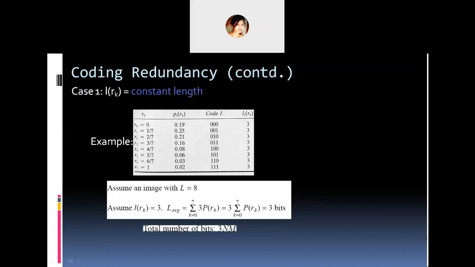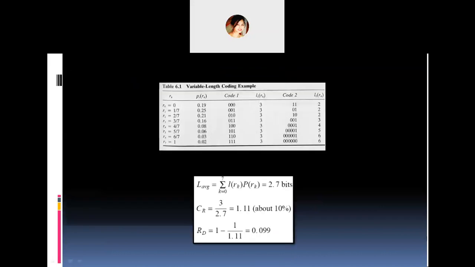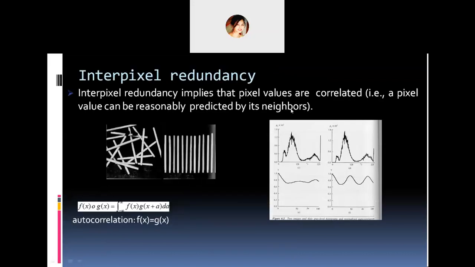Then we have coding redundancy cases. We had two cases: redundancy of constant length and redundancy with variable length. Then interpixel redundancy is related to pixels. Suppose you don't know a particular pixel value, but you know the neighboring pixels. That is interpixel redundancy: it concerns pixel values, and these pixel values are correlated.